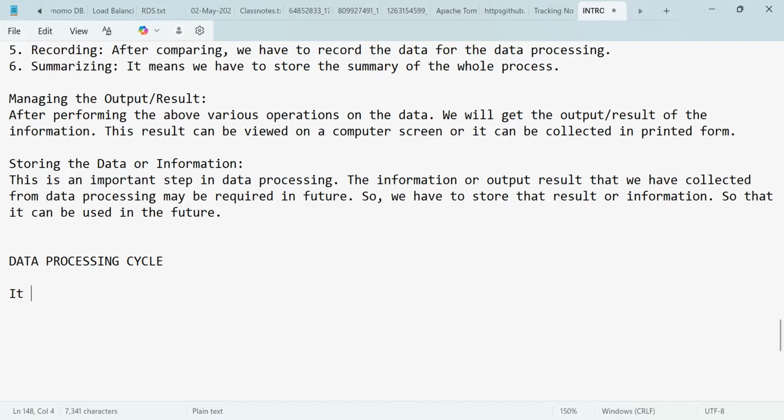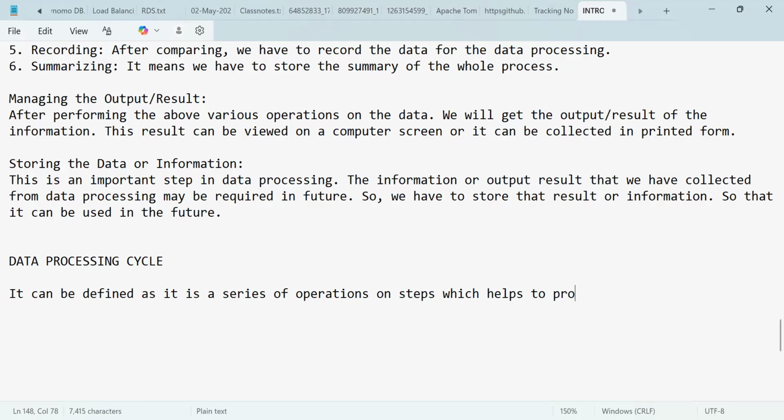Okay, so first, what is data processing cycle? It can be defined as a series of operations or steps which helps to process the data and information.